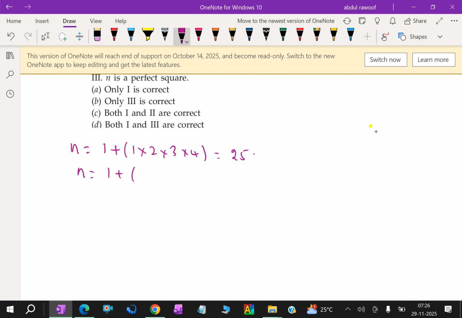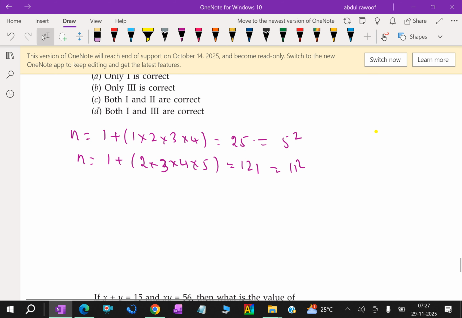Then start with 2, 3, 4, 5. It's 121, which is equal to 121, which is 11 square.